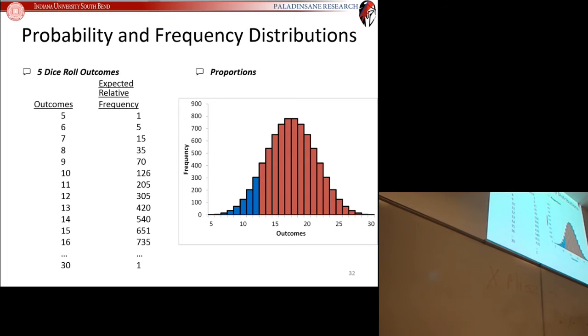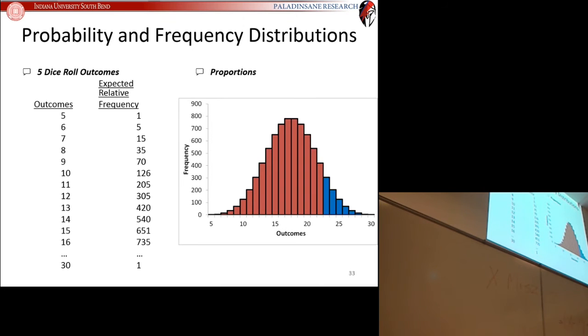If we needed to roll 23 or over to win, then that is the area of the frequency distribution we're interested in. That is the proportion of the frequency distribution that we want. So if we needed 23 or more total points to beat our friend at Yahtzee, that proportion right there is the probability that we would beat our friend.